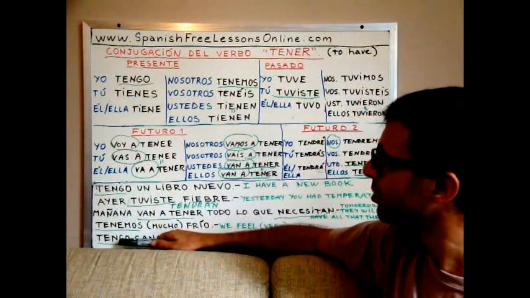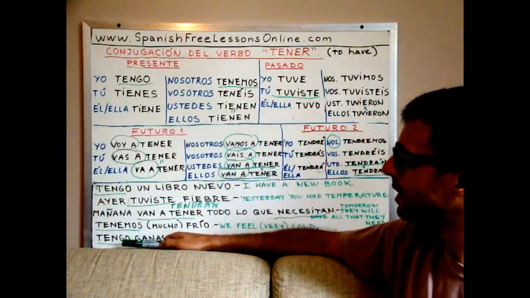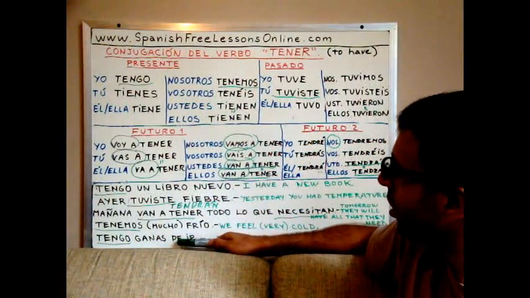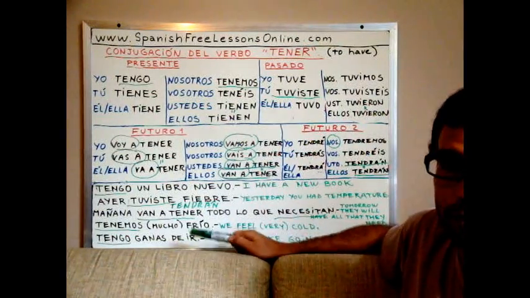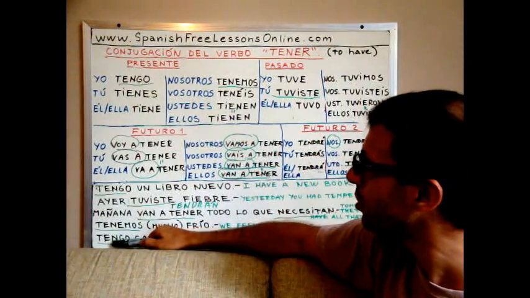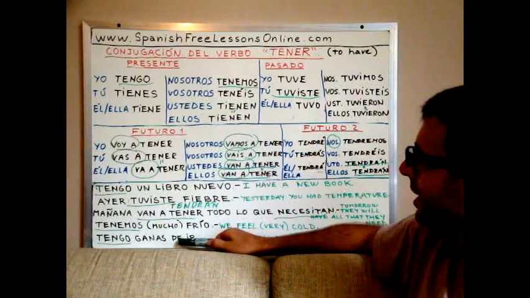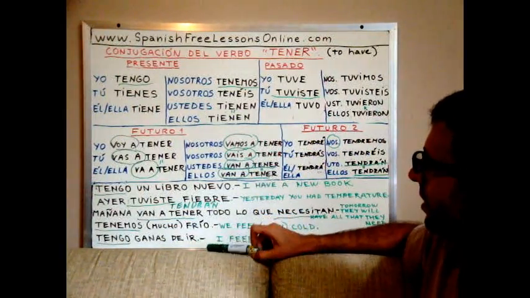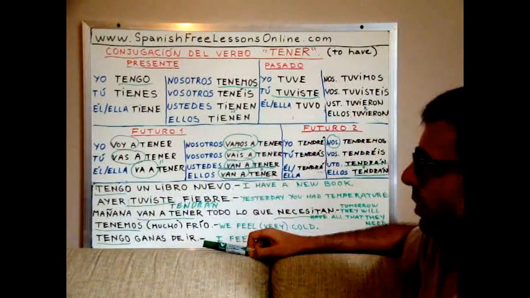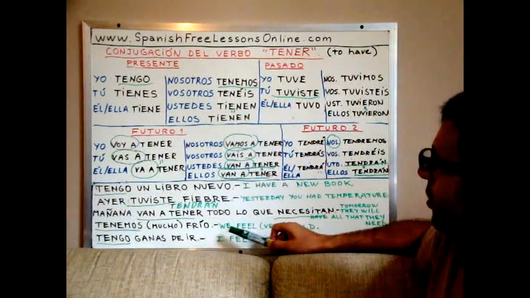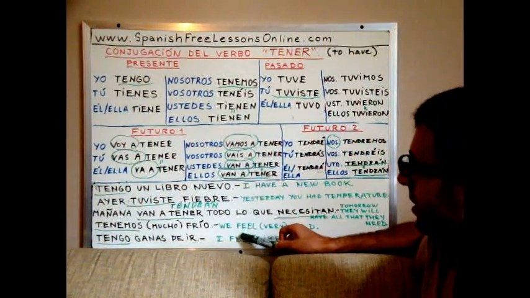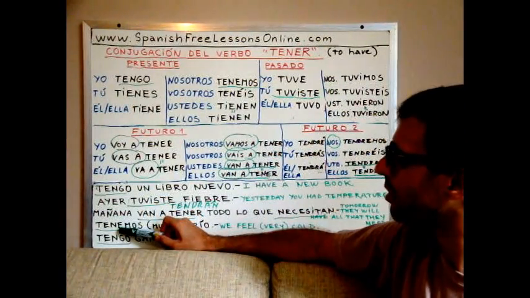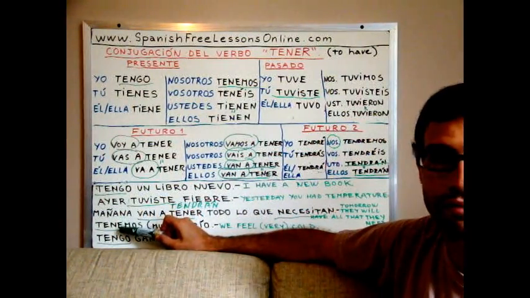So this would literally mean I have the will or desire of going. Tengo ganas de ir. So you can see in these two cases where in English we would use the verb to feel, here in Spanish we use the verb to have, right?